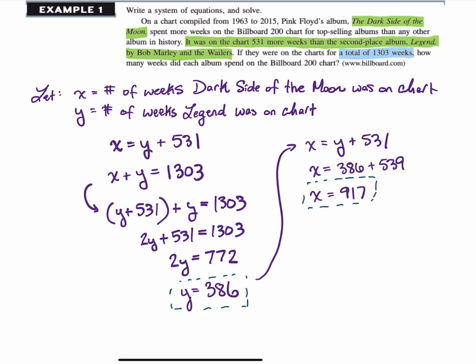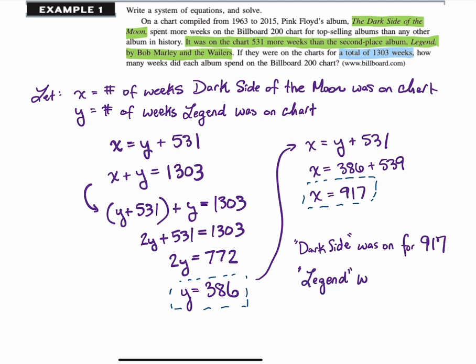We can express this as a coordinate point, but let's answer it in terms of the context of the problem. So we can say x was Dark Side of the Moon. So I'll say Dark Side, just abbreviate, was on the charts for 917 weeks. And then y was Legend.